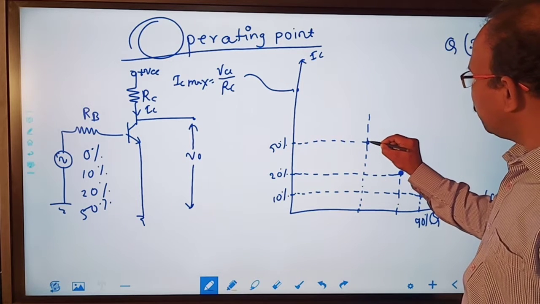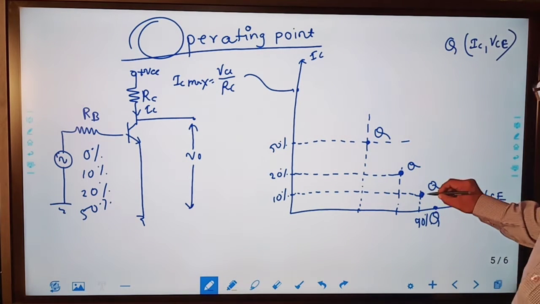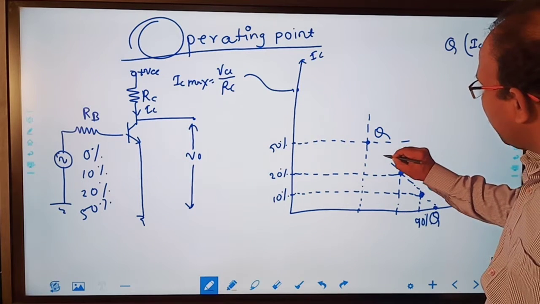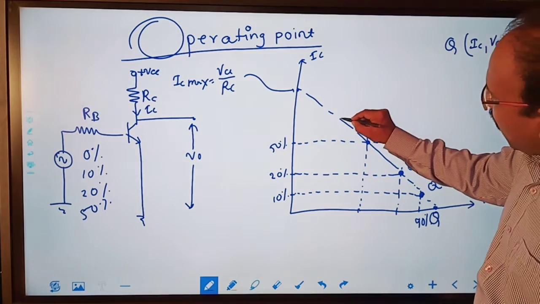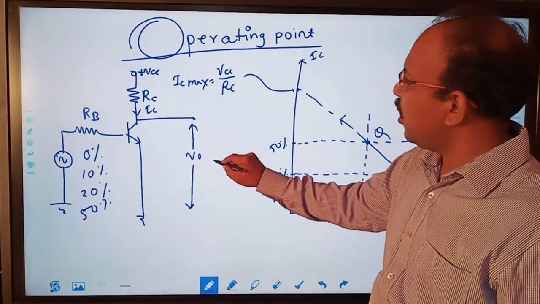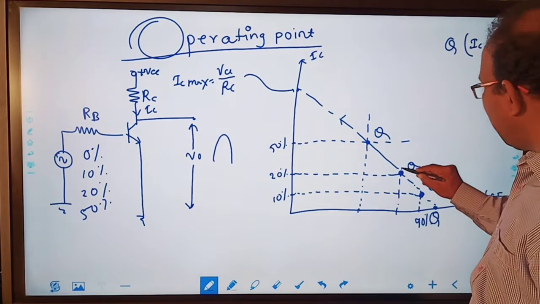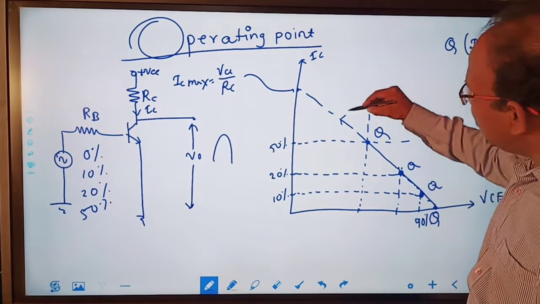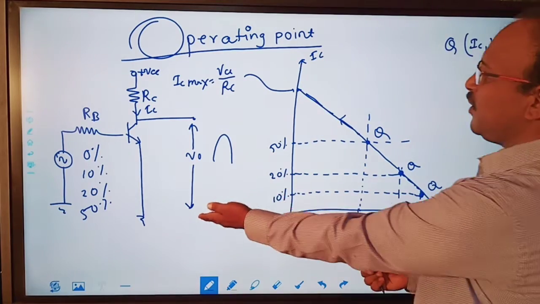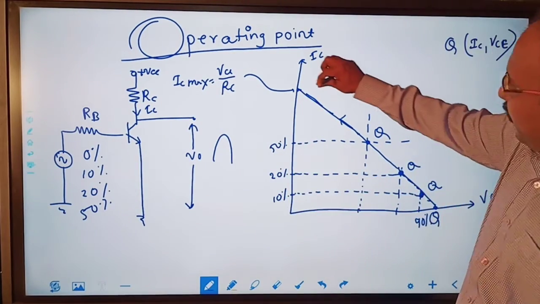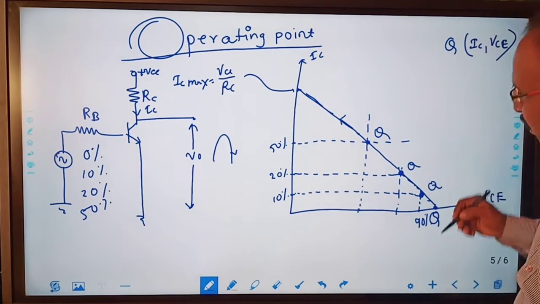So this will be your Q point. Like this your Q point will shift up as we go in the sine wave. This is the variation of Q point. If I move this up, Q point will shift up. If I take this down, Q point will come down.